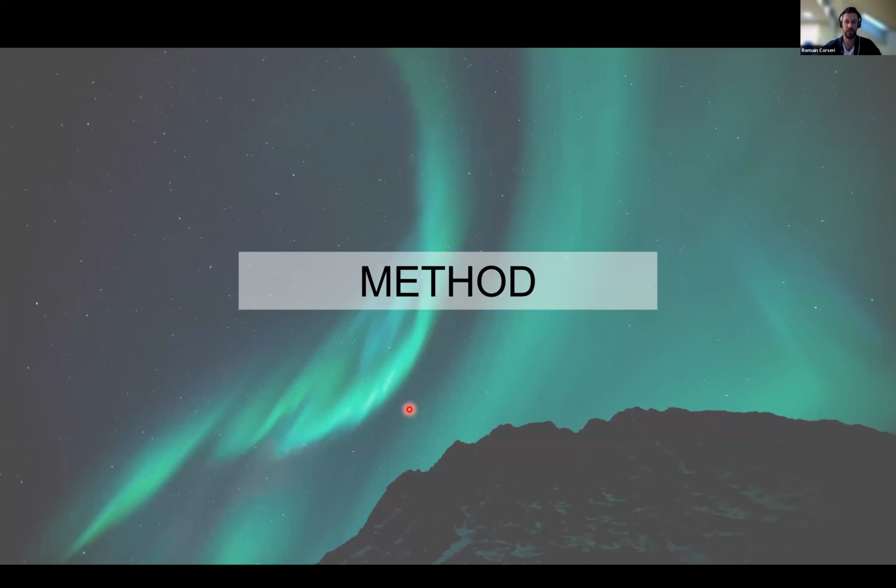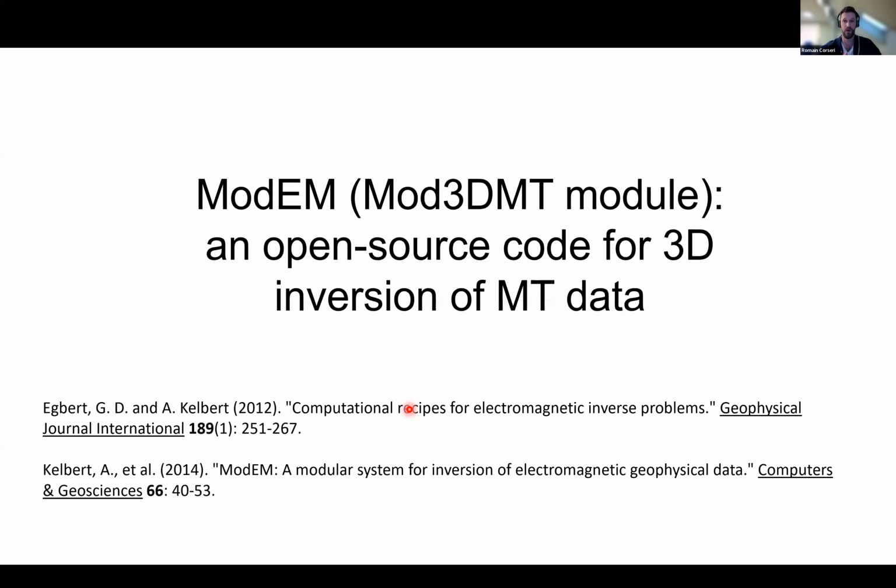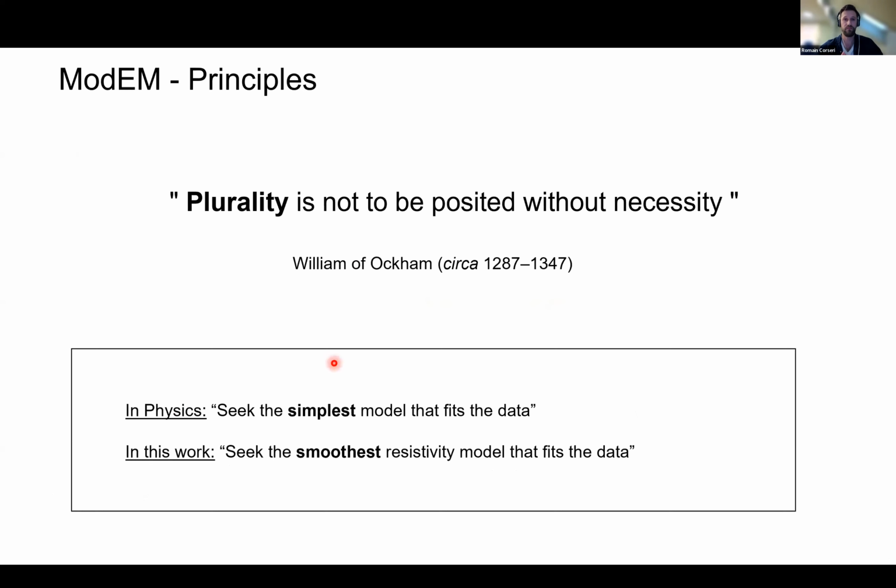So the tool I'm using in my research is ModEM, and more specifically the Mod3D-MT modules. Of course, I thank the authors for providing an academic license for it. You can see here the main reference. The principle of this inversion scheme is based on Occam's razor, where plurality is not to be posited without necessity.